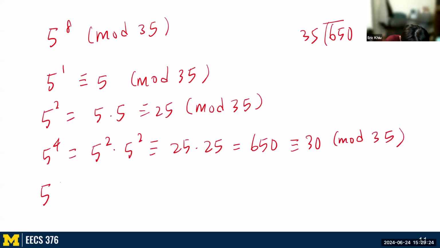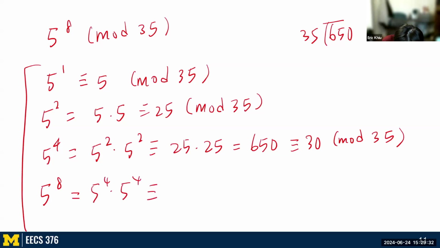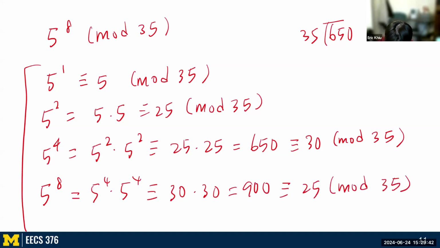And then lastly, we want to compute 5 to the 8, which we know is 5 to the 4 times 5 to the 4. And we already know that this is 30 times 30, which is 900, and then it's equivalent to 25 in mod 35. The nice thing with repeated squaring is that at this point I can just plug in the 30 that I found earlier.